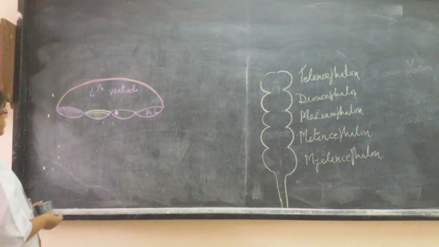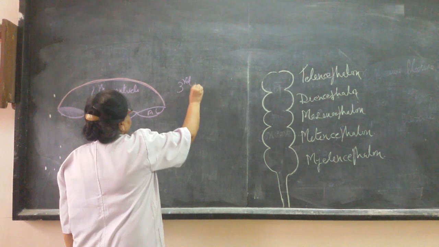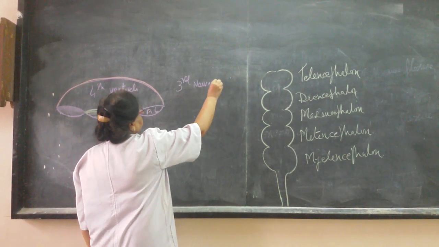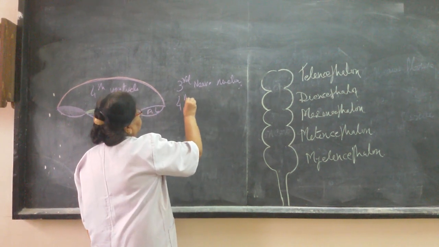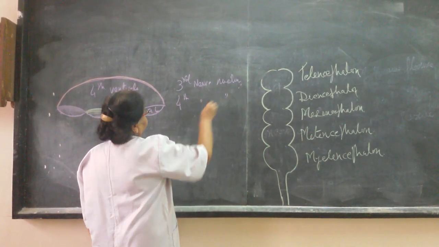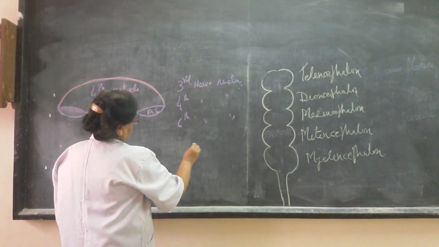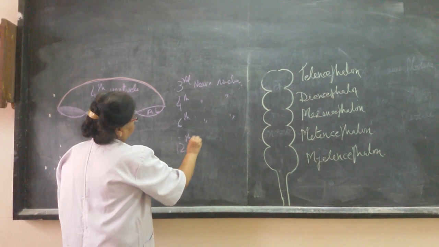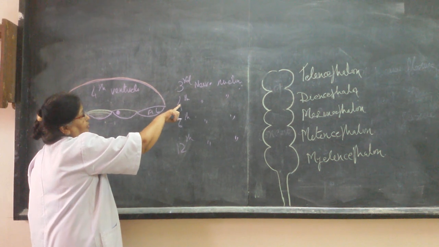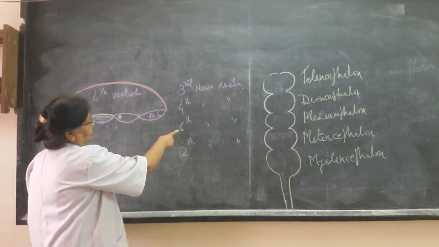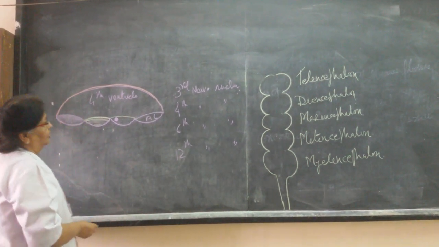The nuclei are the third nerve nucleus, fourth nerve nucleus, sixth nerve nucleus, and 12th nerve nucleus. Third is oculomotor, fourth trochlear, sixth abducens, and 12th hypoglossal nerve nucleus.